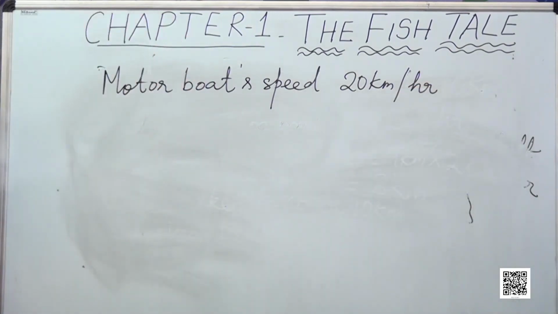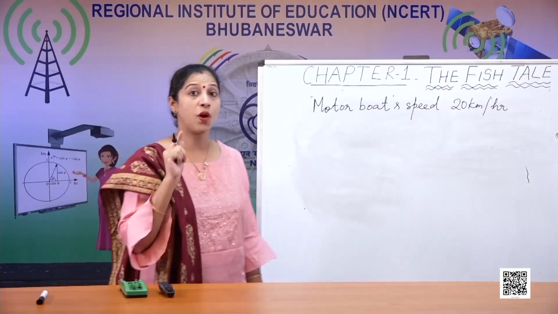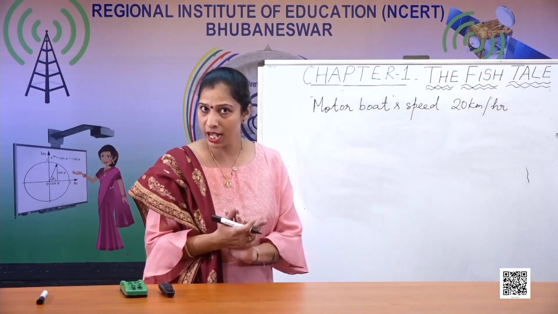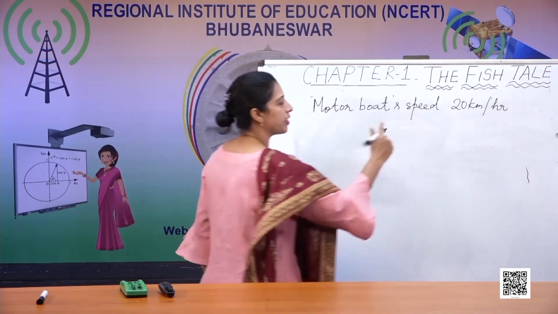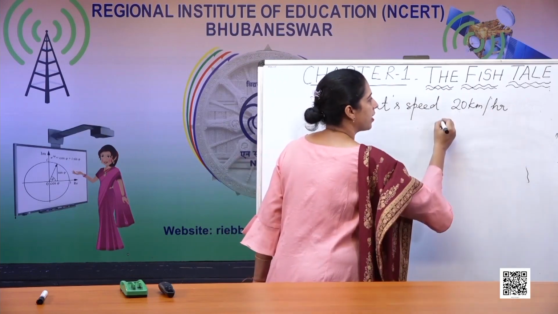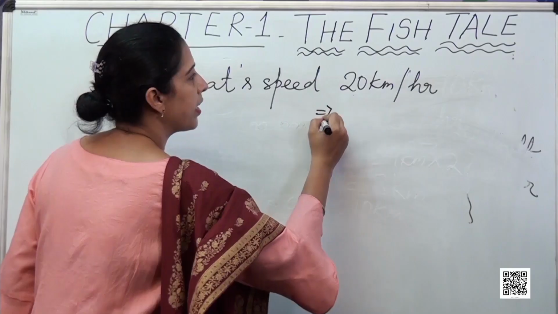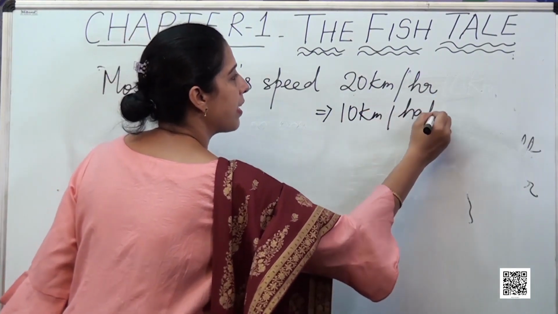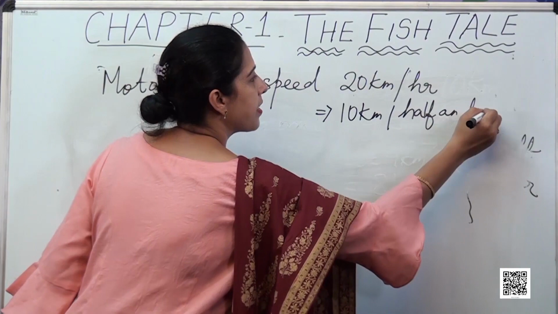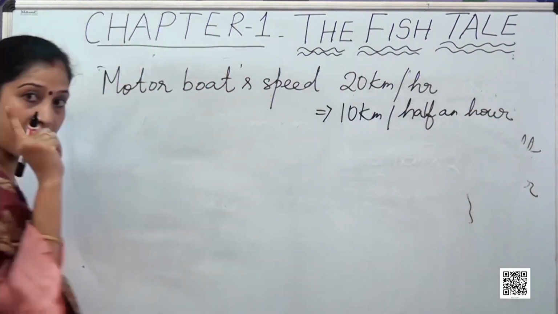Let's find out how much distance it will cover in 3 hours, then how much distance it will cover in half an hour. If it goes 20 kilometers in 1 hour, then it can go 10 kilometers in half an hour. Exactly half of the distance covered in 1 hour.